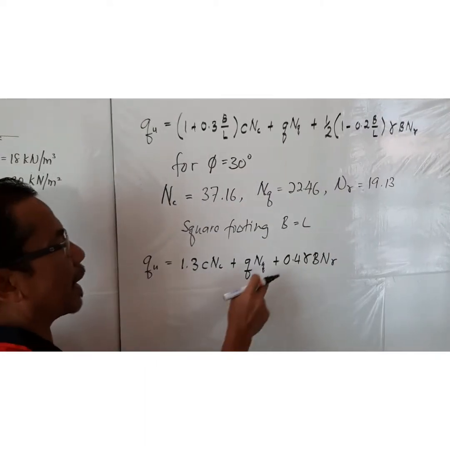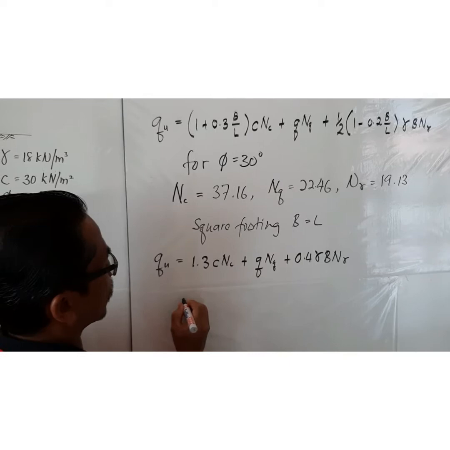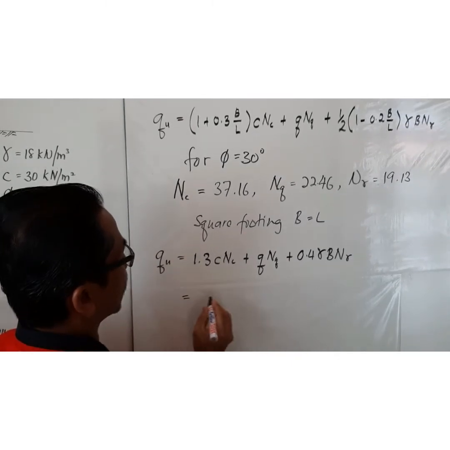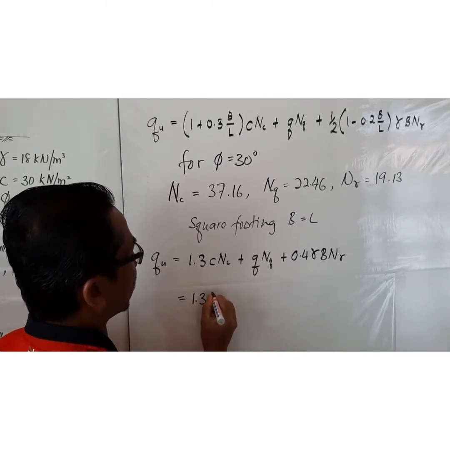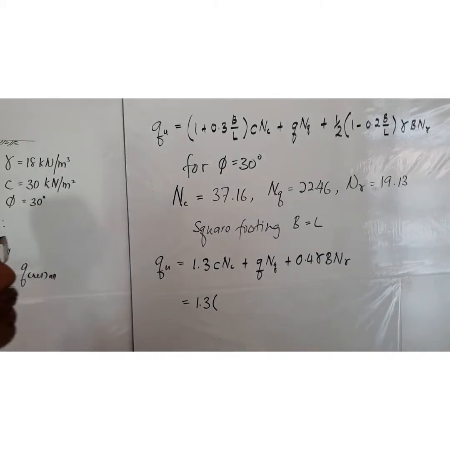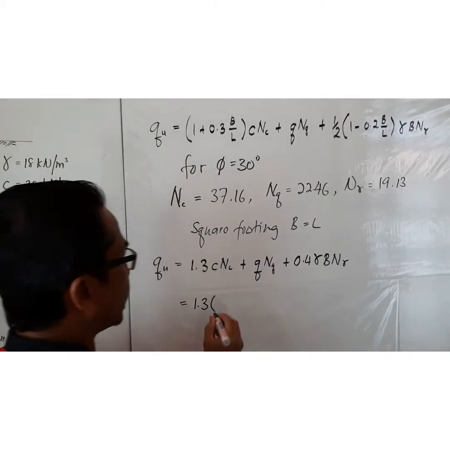Okay, we insert values into this equation. So q sub u becomes 1.3 multiplied by c. If you refer to the diagram, cohesion is equal to 30.